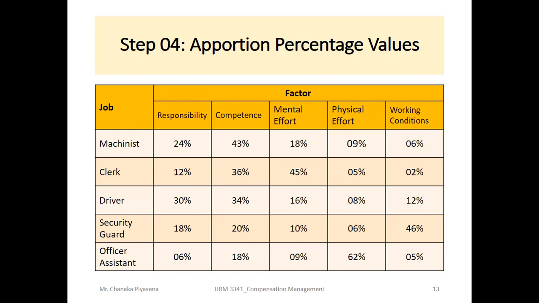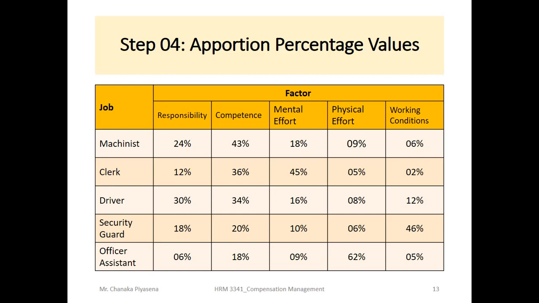Based on the responsibility, when we are considering machinist, there are 5 factors, but these factors are differently important for the machinist. On the other side, there are 5 factors. These 5 factors are differently important for the clerk. These 5 factors are differently important for the driver. These 5 factors are differently important for the security guard. These 5 factors are differently important for the office assistants.